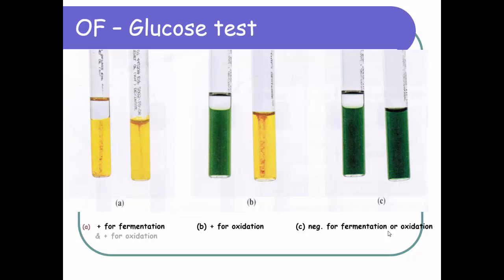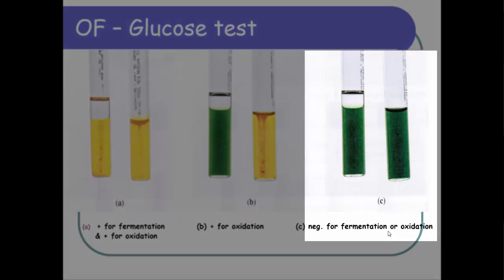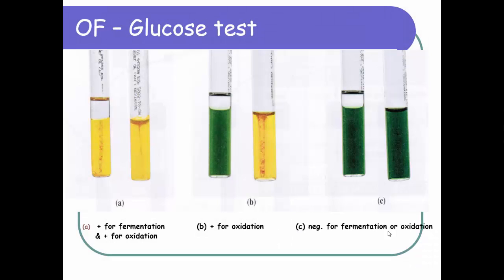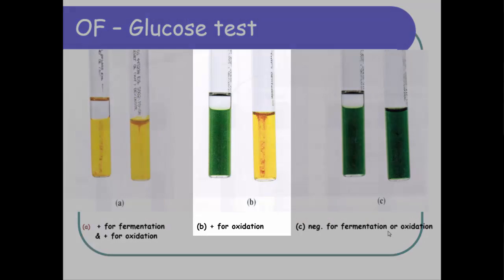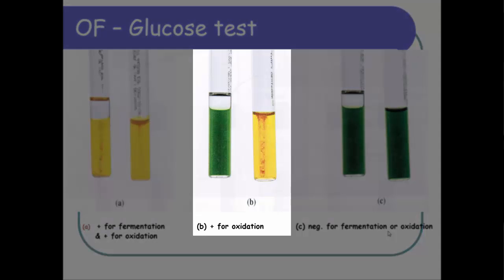So, for example, if you have an open tube, no oil, and an oil tube, and both of them remain green, this means the bacteria cannot ferment or oxidize glucose. So it's negative for both fermentation and oxidation. However, if the open tube turns yellow, as indicated by the pH indicator that glucose has been utilized, then it's positive for oxidation.